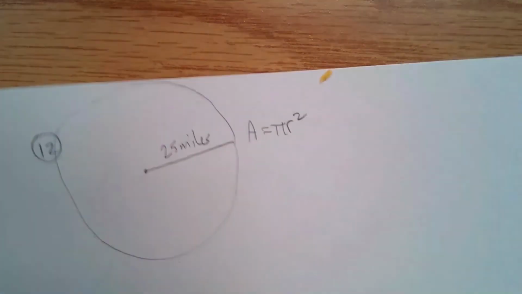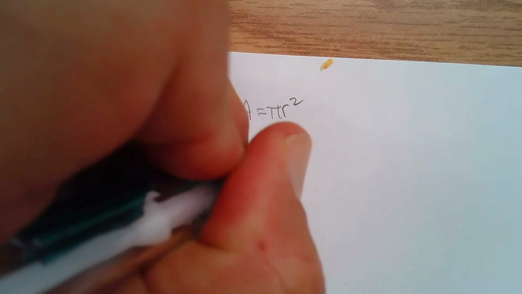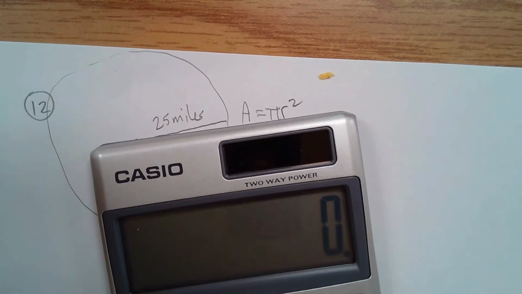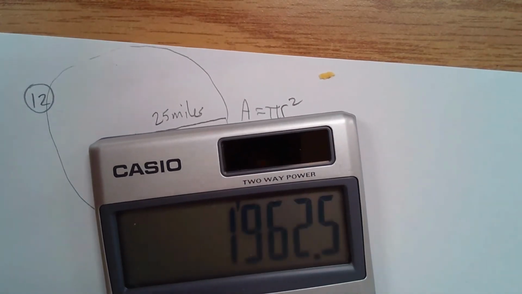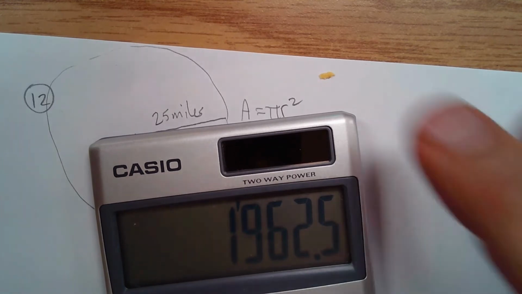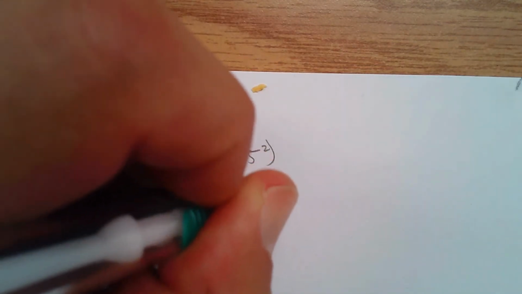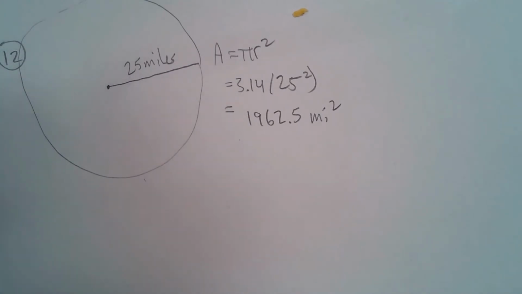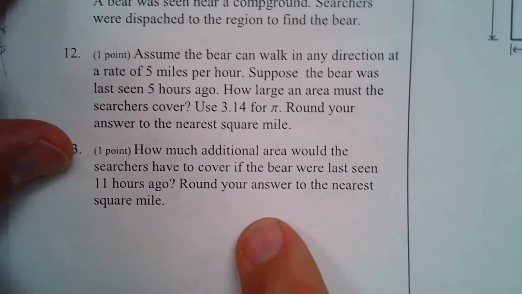The searchers have to cover pi times the radius squared, which is 3.14 times 25 squared. 25 times 25 is 625, times 3.14 is 1962.5 square miles.